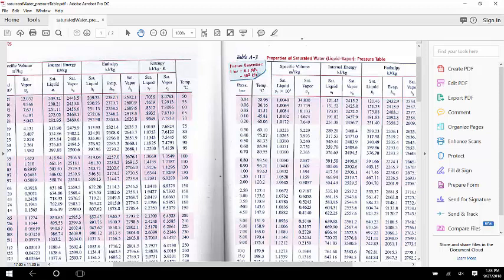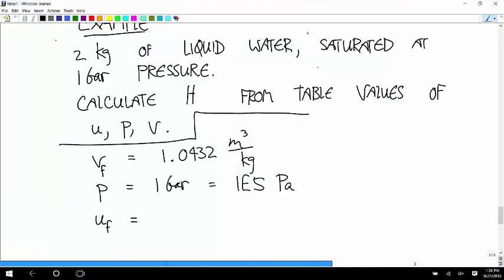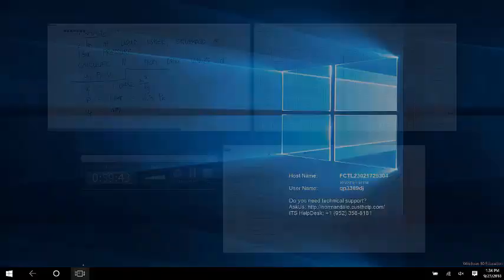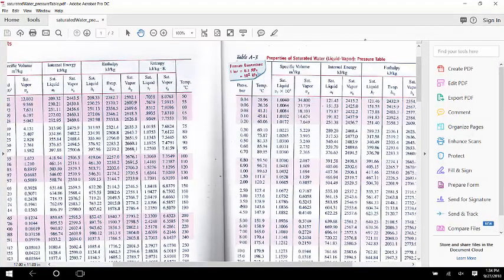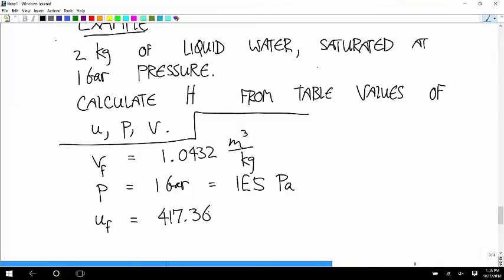At 1 bar, we want the one for the saturated liquid. So that's 417.36, in kilojoules per kilogram. And if we want it in joules per kilogram, we have to multiply this by 1,000.